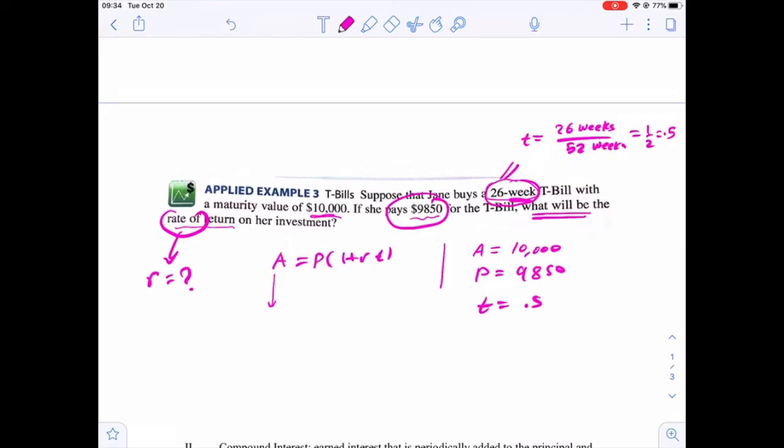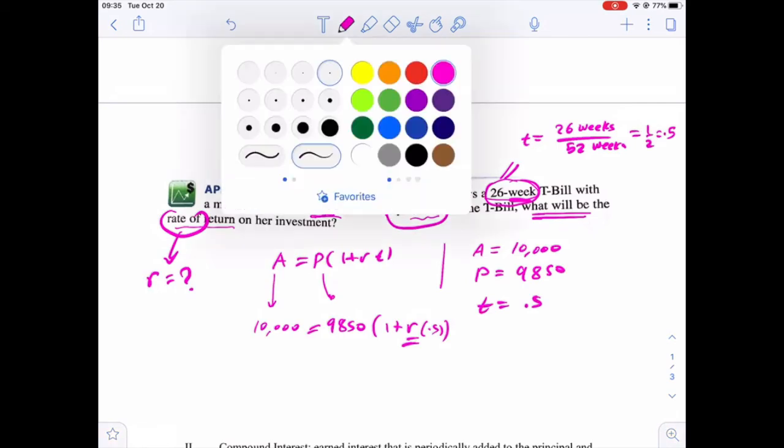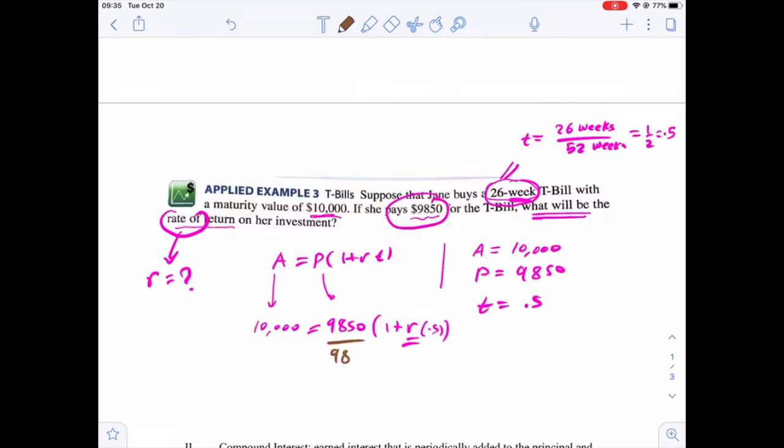A is 10,000 equal to the principal amount, 9,850, times 1 plus R. R is not given. T is 0.5. Now we need to solve for R. So let's first divide both sides by 9,850. When we do this, we get 1 plus 0.5 R, this is the right hand side, equals 10,000 over 9,850.